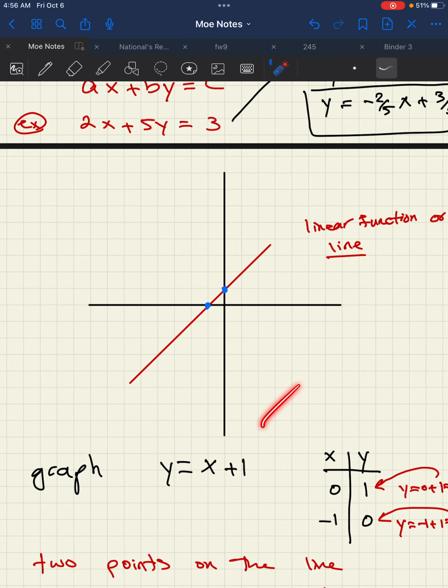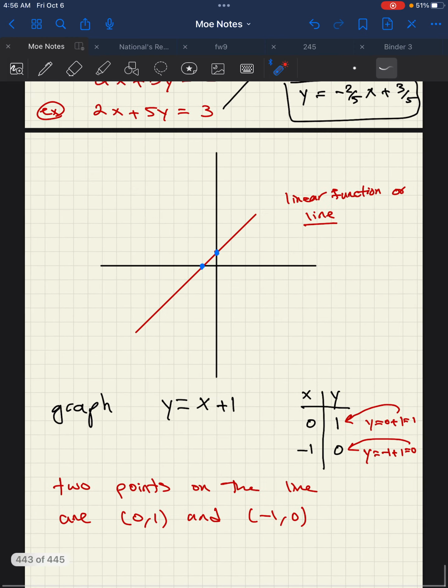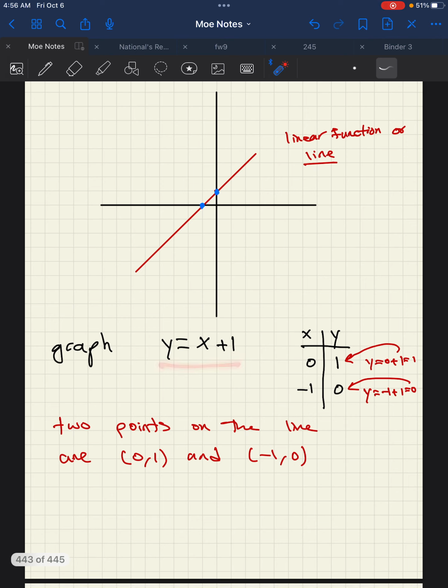So for any line, you just need 2 points. That's it. So if a function is given to you to be y equals x plus 1, you just need 2 points. Typically what I do is I make a chart and I pick a couple of nice x's. That's your choice. You can pick 2, you can pick 5, you can pick a million. But pick things that are easy to graph because on your graphing paper you have limited numbers.